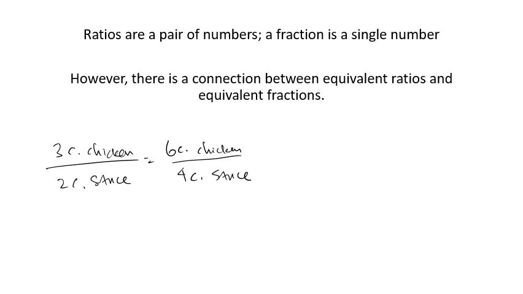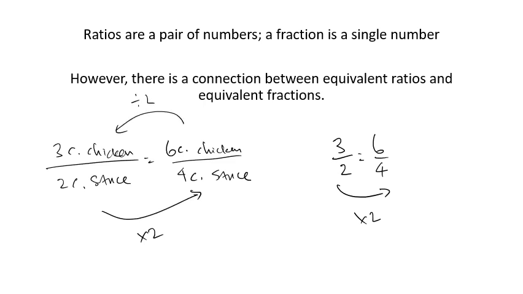And so I can recognize this as being mechanically the same thing as 3/2 equals 6/4, because both of these are multiplicative relationships. So I could go times 2 going from left to right, or I could go divided by 2 going from right to left. And so mechanically it's the same thing.